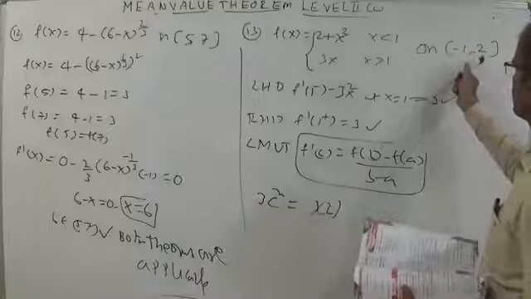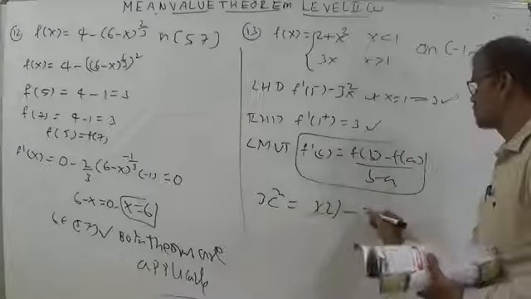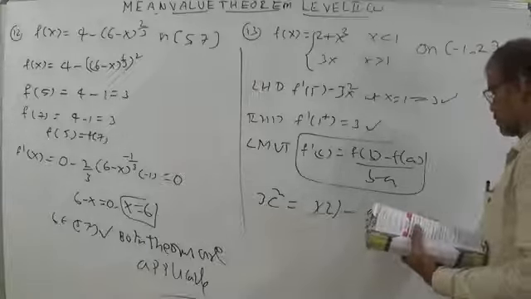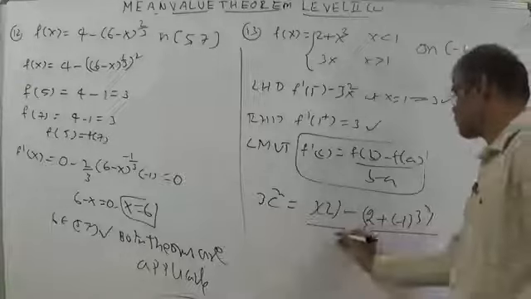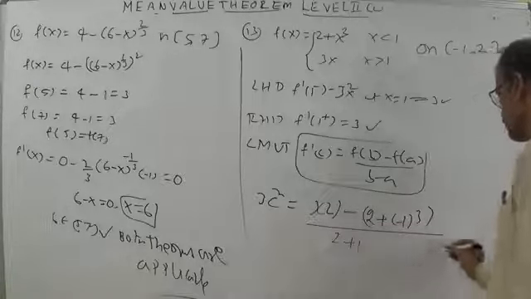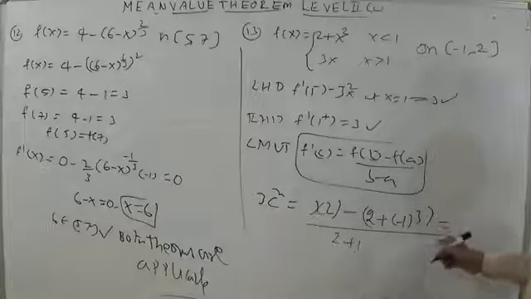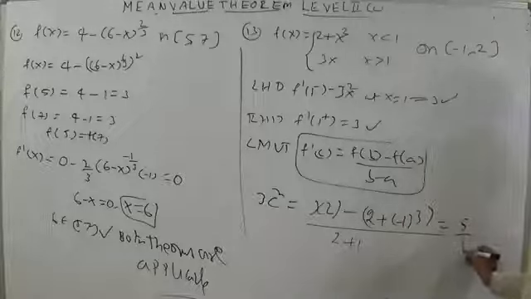For x greater than 1, you substitute 2. For x less than 1, you substitute minus 1. So 2 plus minus 1 whole cube, whole by 2 plus 1. The value is 3 to the 6 minus 2 minus 1. This is 2 minus 1, 1, 6 minus 1, 5 by 3.